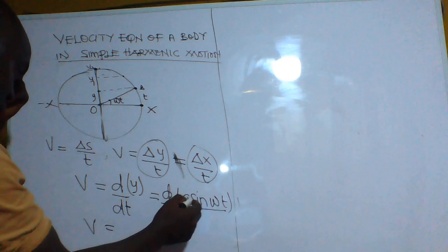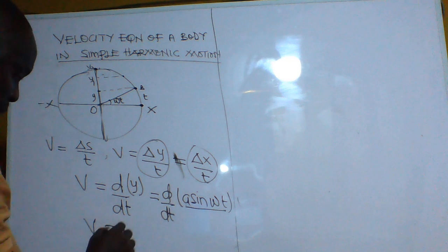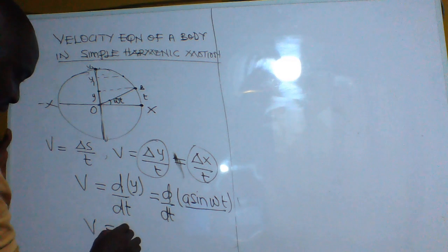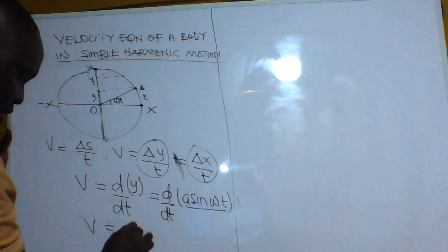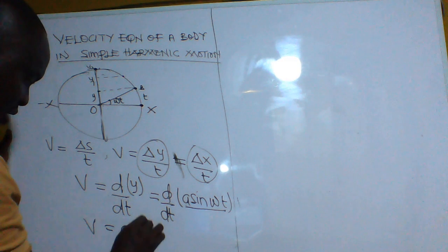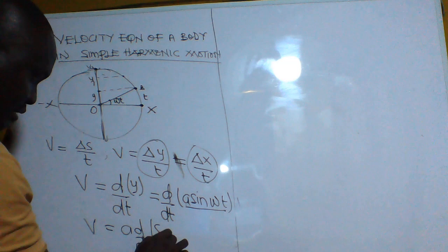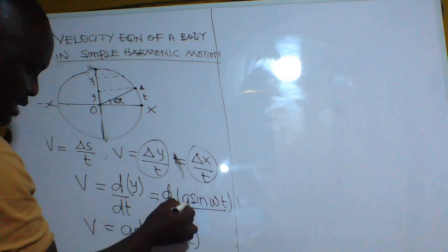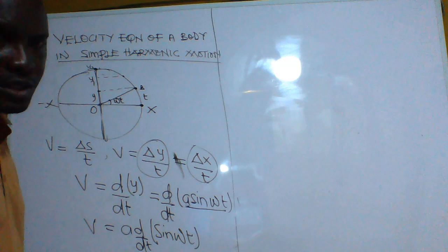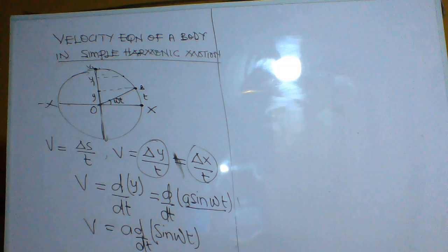So because this is a coefficient, it will come out, and so we can have this as A times the differential of the mother function sine omega t. The coefficient can be any whole number, it can be 1, 2, and on and on. So when you are differentiating and there is a coefficient multiplying the function, it is repeated in subsequent differentials, so take note.